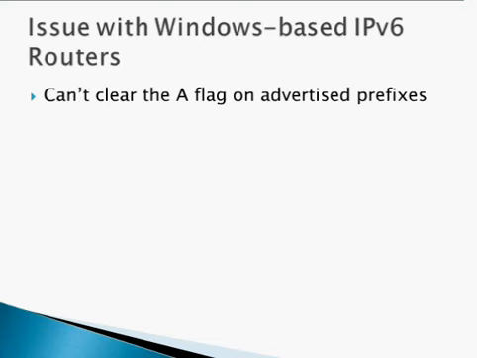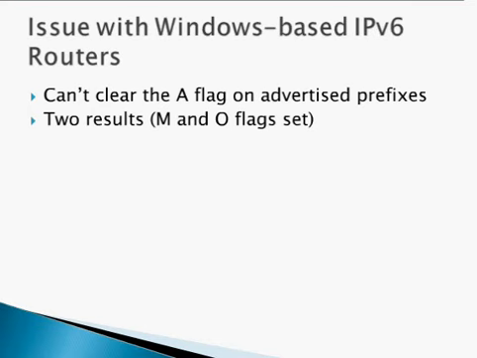Now, what this means is that if you use a Windows-based IPv6 router as your advertising router, and you do DHCPv6 on top of that, there are really 2 results that you might get if you do DHCPv6 stateful, which is where all flags are set.